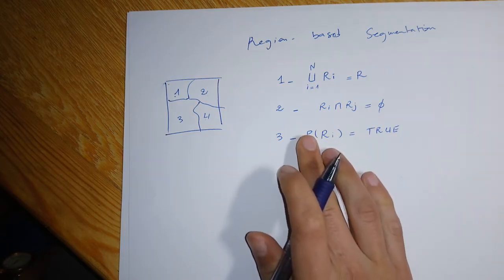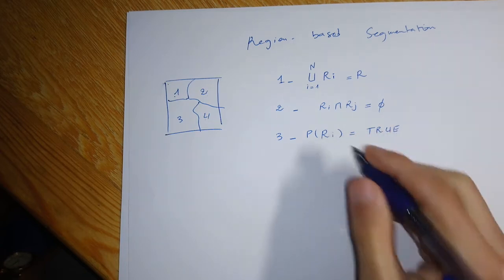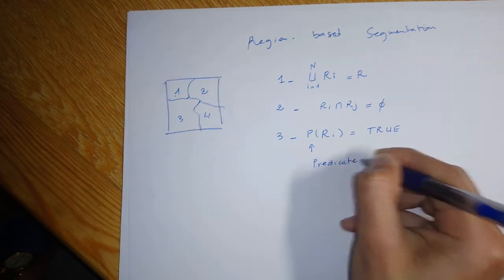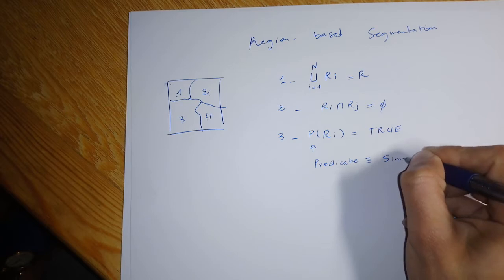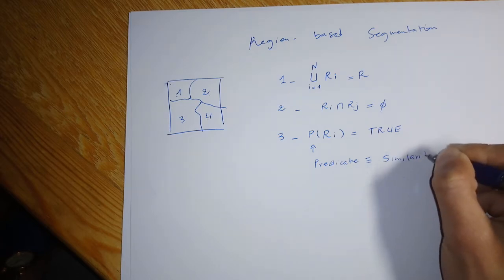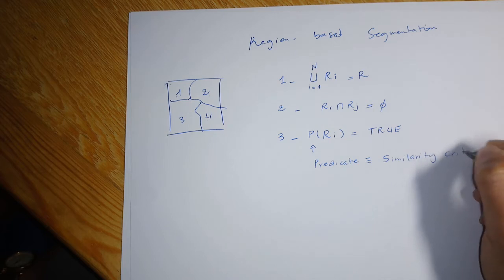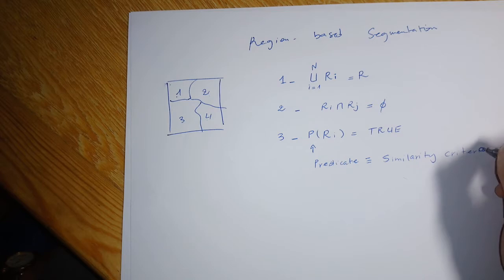The predicate of a given region must be true, and this predicate is nothing but a similarity criterion.